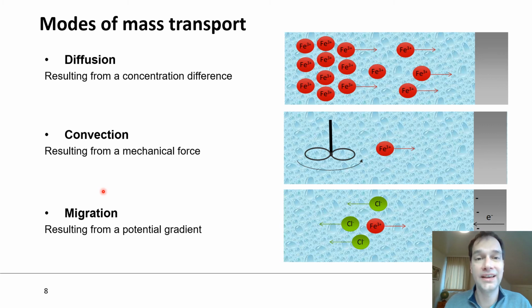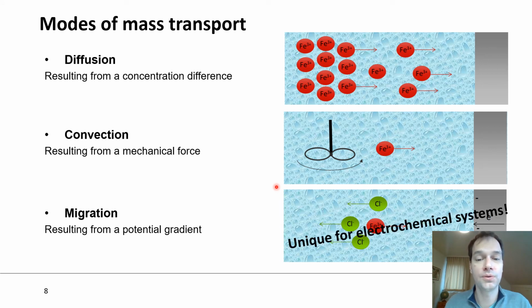And then the last possibility is migration. Migration is the transport of ions as a result of a potential difference. So basically, if you have a negative electrode, then positive ions want to move towards that electrode, whereas negative ions are pushed away from that electrode.